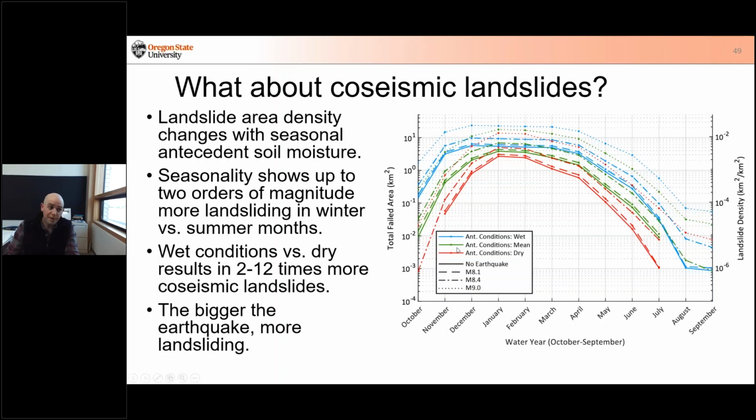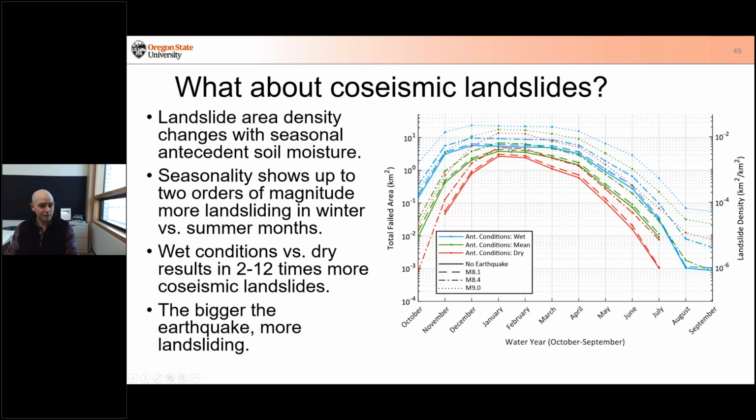Again, the colors represent different antecedent moisture conditions ranging from wet and blue to dry and red. And the different line types represent earthquakes, but don't stress too much about looking at all the lines. Again, what we see when we look at antecedent moisture over a given water year is that there is strong seasonality in terms of landslide area for a given earthquake.